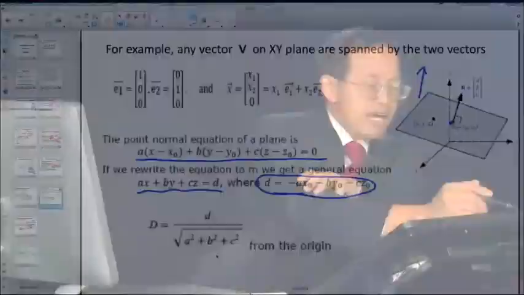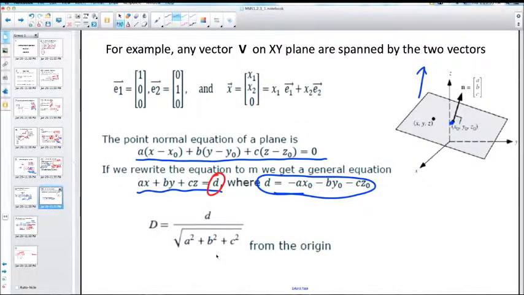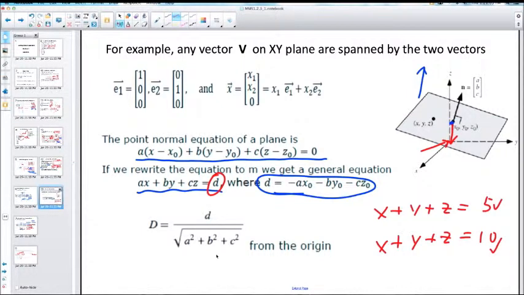So that all makes sense now. The last thing I want to point out is the right hand side, this d. If I give you an equation like x plus y plus z equals 5, and another one x plus y plus z equals 10, this 5 and 10 simply tell you the distances from the plane to the origin are different. The distance from the first plane to the origin is only half that of the second plane.